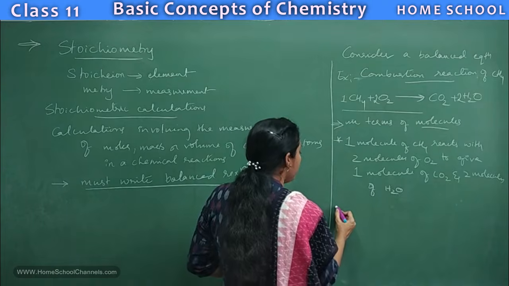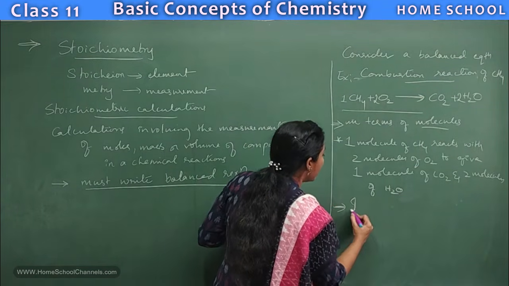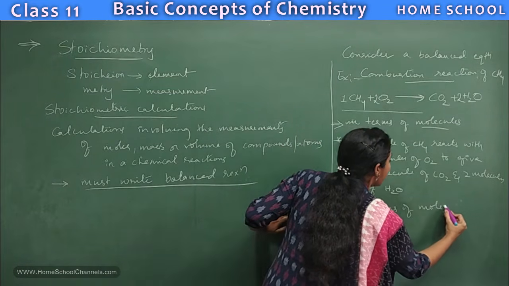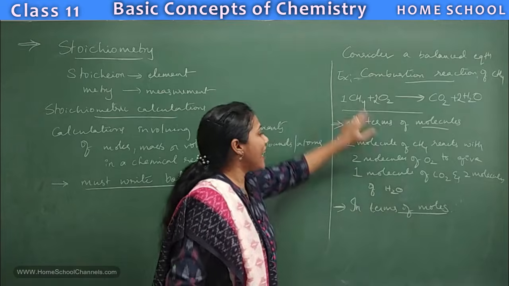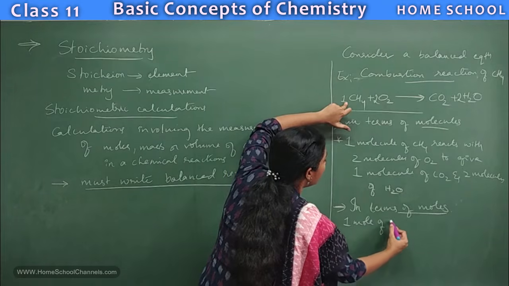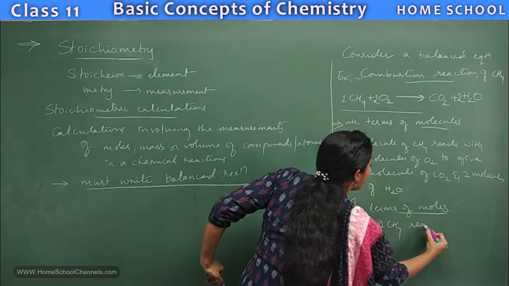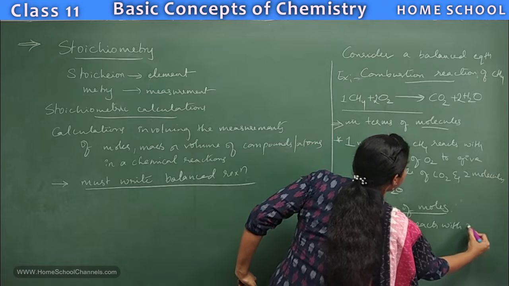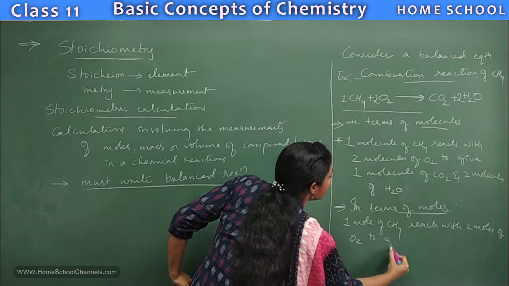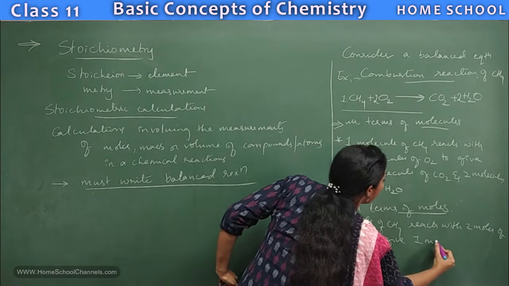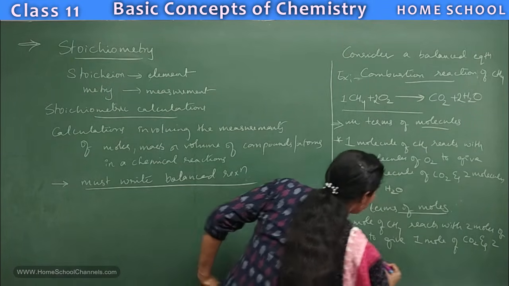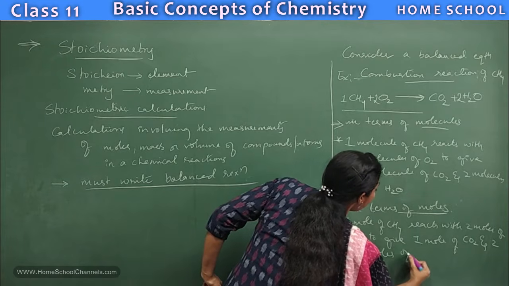Now the same reaction I can explain in terms of moles. In terms of moles I can say that 1 mole of methane reacts with 2 moles of oxygen to give 1 mole of carbon dioxide and 2 moles of water.